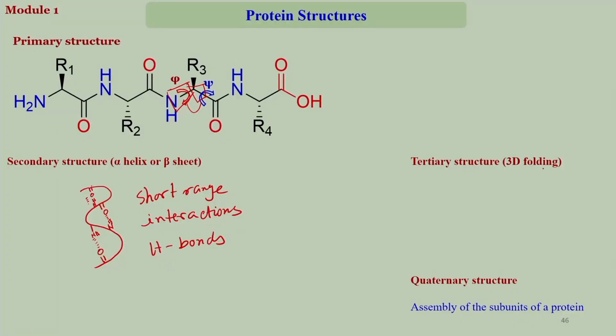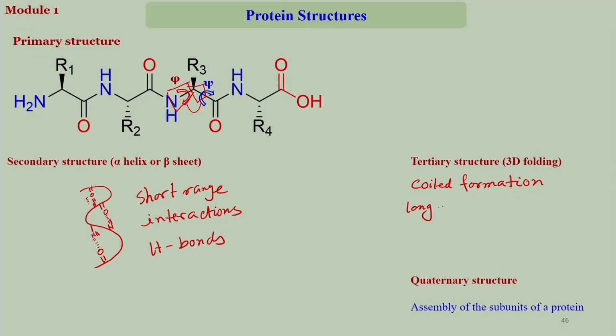So, the tertiary structure means it is the three-dimensional or the folded structure of the protein, which comes from coil formation. The protein will further mold into a folded form or a coiled form, that is known as the tertiary structure, and this is because of relatively long range bonding interactions that assume the tertiary structures.